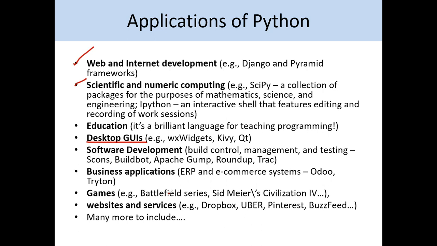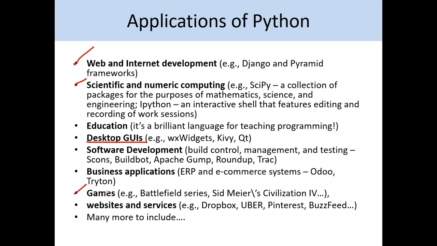Whatever you install into your machine or desktop PC, and just by double clicking, the software opens in your machine, that is a desktop software. Like Word, Excel, PowerPoint, these are all desktop software, although those have some cloud versions too, but that is a different thing. Anyway, using Python you can develop games also.